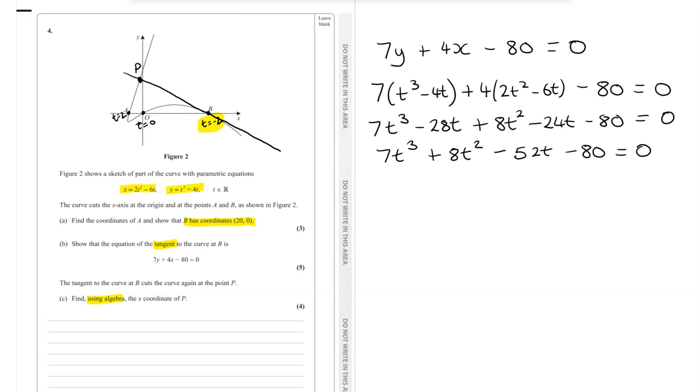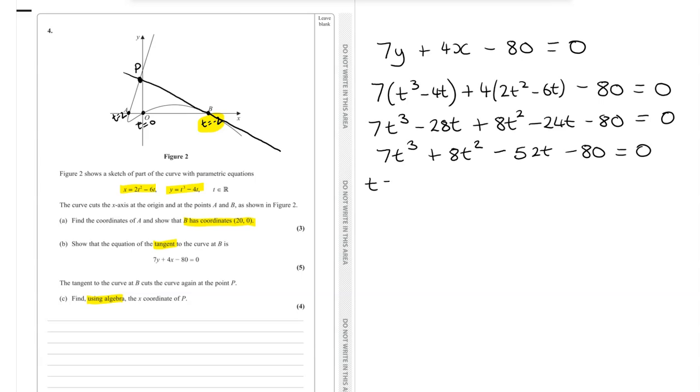So we're going to need to figure out how we could start solving this cubic. Now, we're looking at where the line and the curve are going to intersect. And I already know that they intersect at B, where the t-coordinate is minus 2.